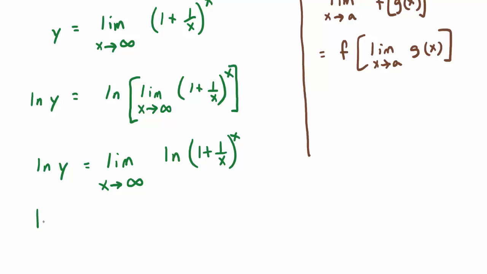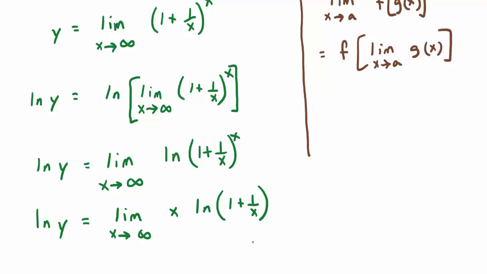And what are we going to get if we do that? After the limit symbol, we're going to bring this dude down in front like that and have x times the natural log of 1 plus 1 over x.